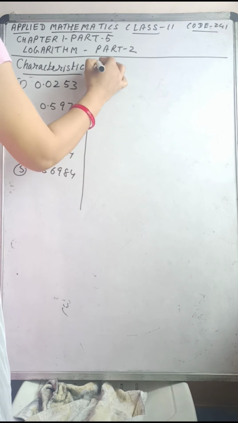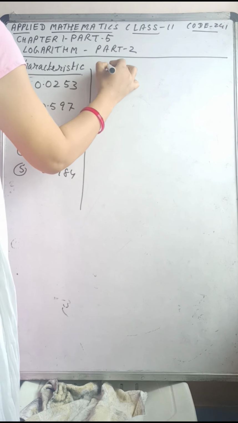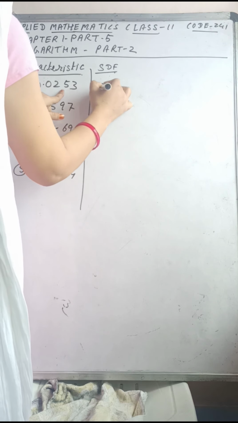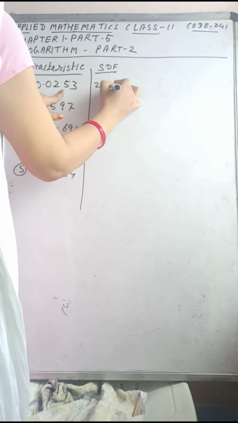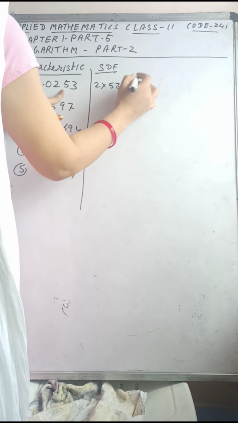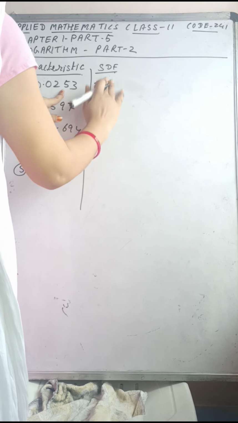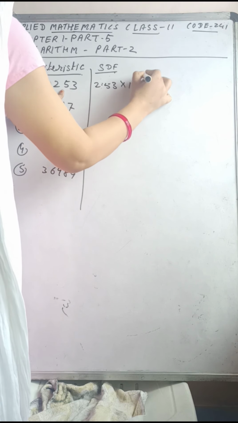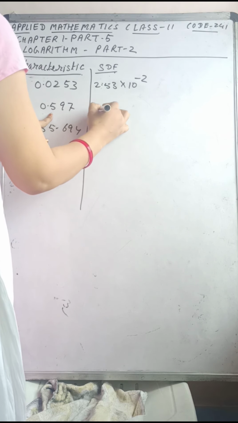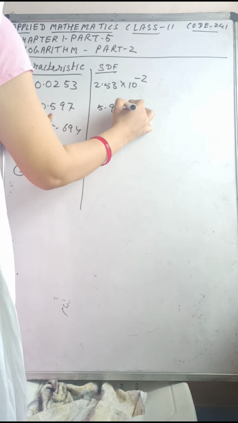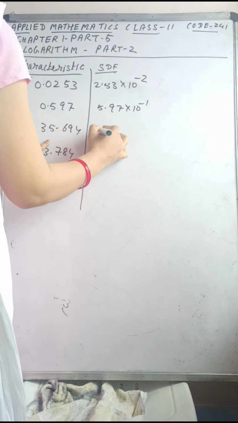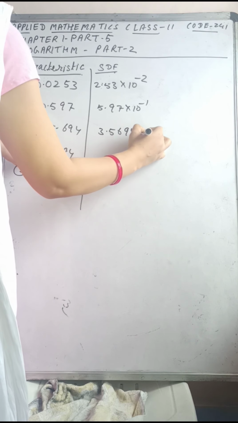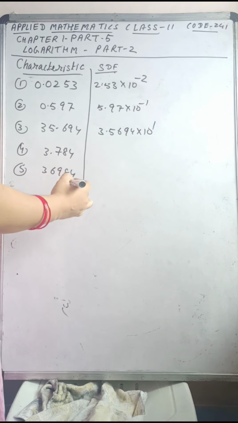Now I am expressing them in standard form. This will be equal to 2.53 into 10 to the power minus 2, 5.97 into 10 to the power minus 1, 3.5694 into 10 to the power 1.